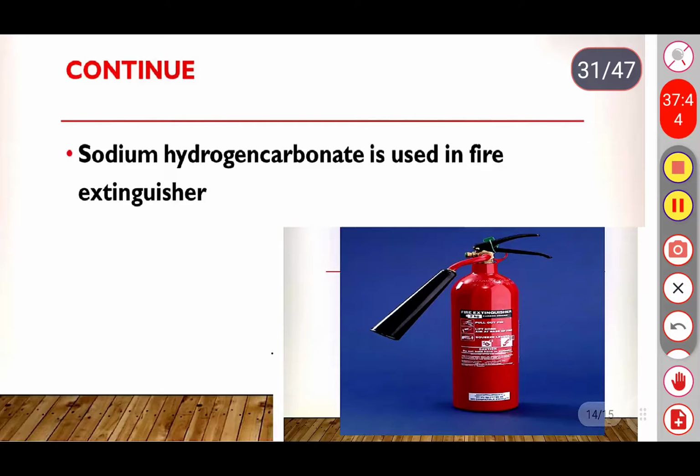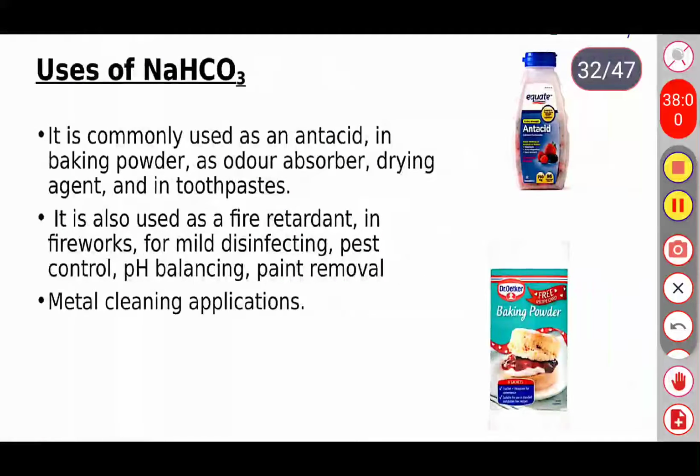Next one, sodium hydrogen carbonate is used in fire extinguishers. In fire extinguishers we are using sodium bicarbonate or sodium hydrogen carbonate. Now the uses of sodium bicarbonate.